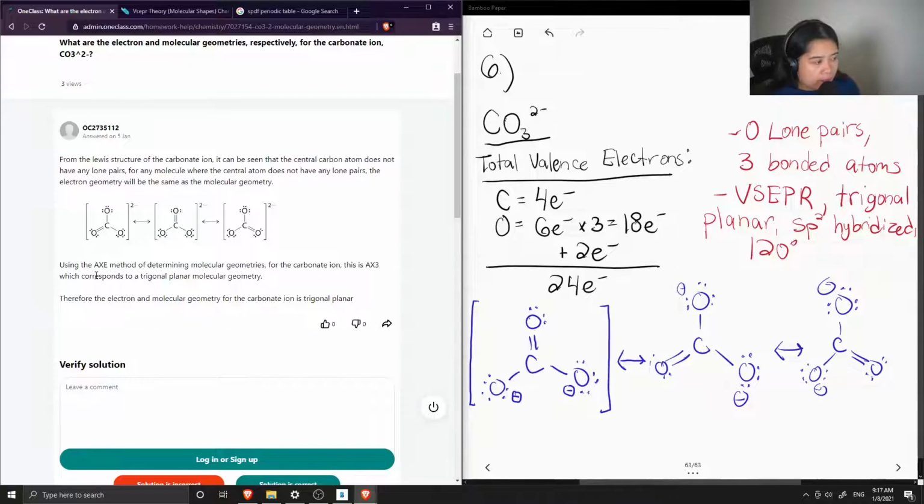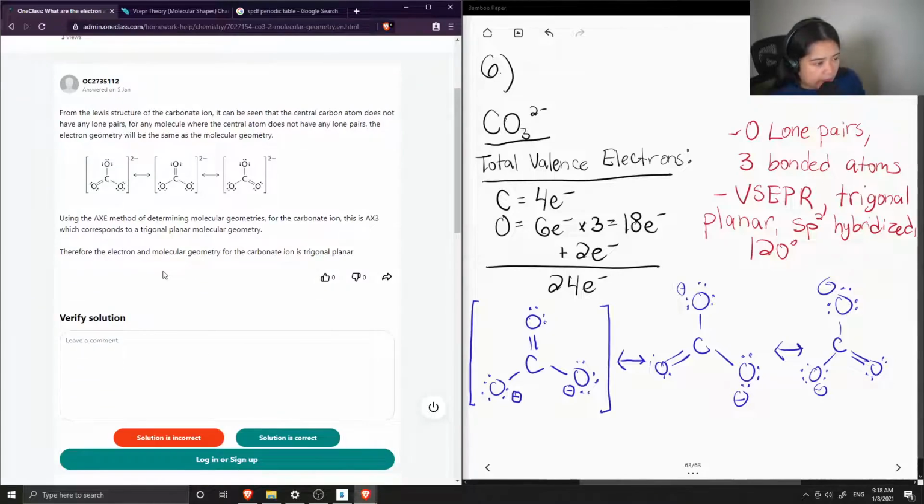Using the AXE method of determining molecular geometries, the carbonate ion is AX3, which corresponds to a trigonal planar molecular geometry. Therefore, the electron and molecular geometry for the carbonate ion is trigonal planar. So this solution is correct.